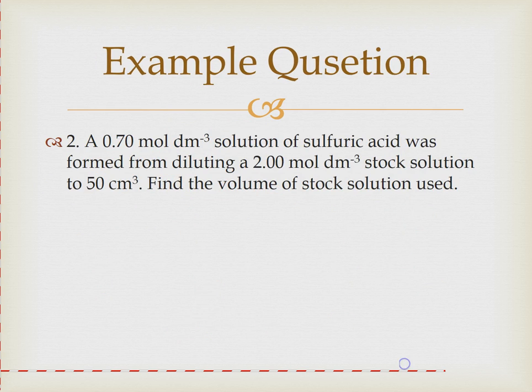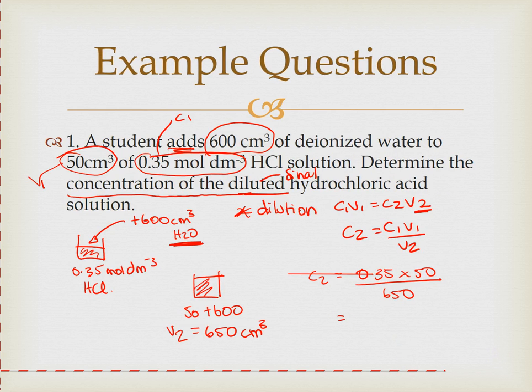We would expect the concentration to go down because it has been diluted, which means we would have less substance per volume. When we do the calculation, we get 0.269 moles per decimeter cubed.